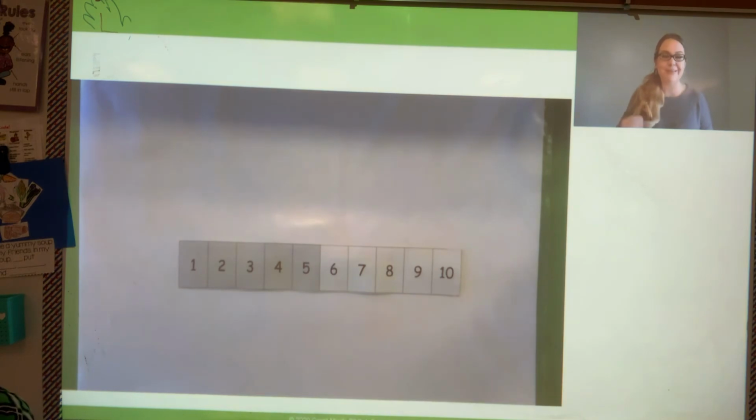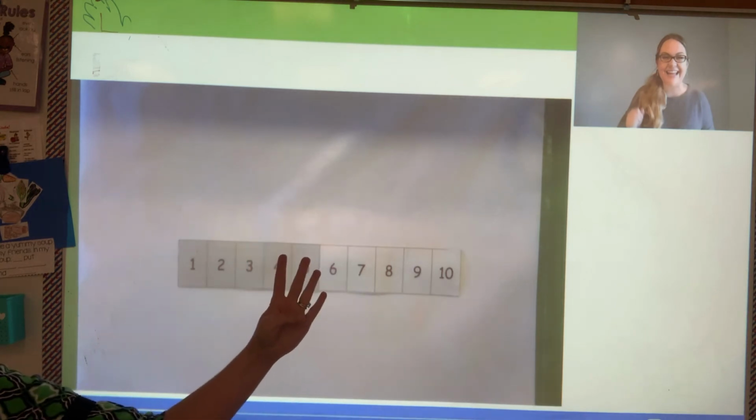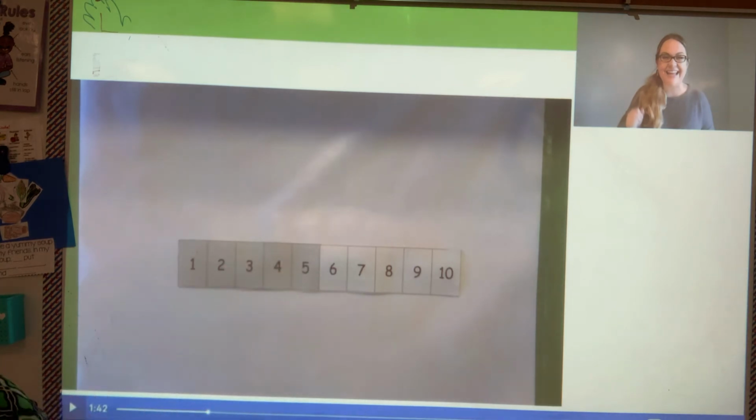So now get a piece of paper and a writing utensil. You can use your whiteboard. And let's make a number sentence to match what you just did. What number did we start at? Think, say it. Show it. Did we start on 25? 146? No, we started on 4. 4 is the number that we started on.